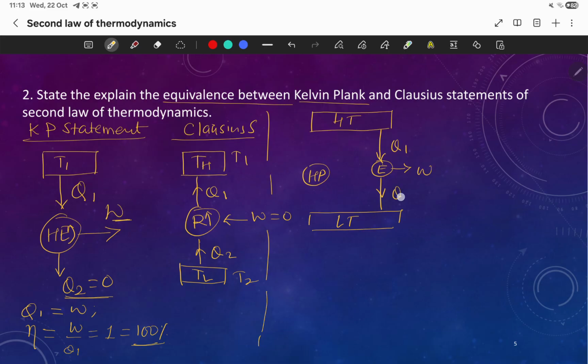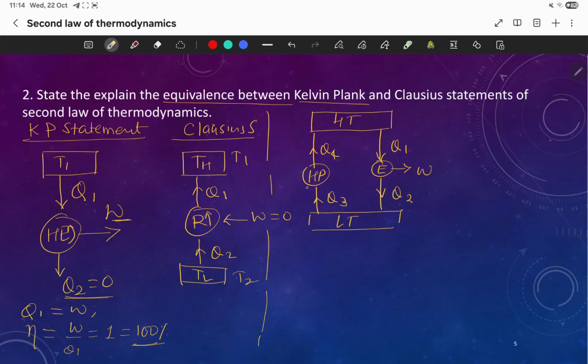This is Q1, let's take this Q2, and on the heat pump it is Q3, and this is Q4.